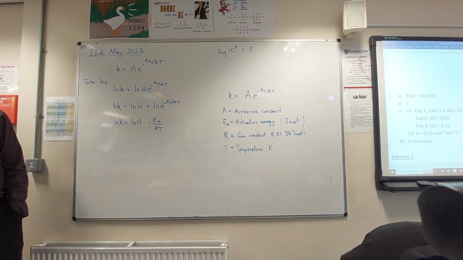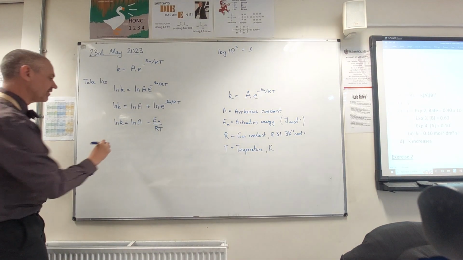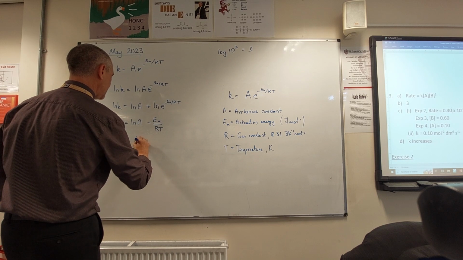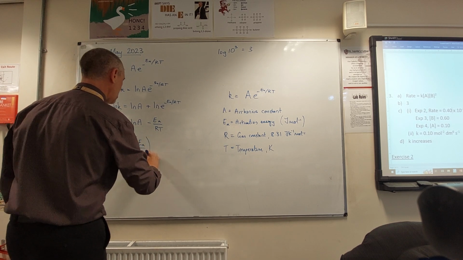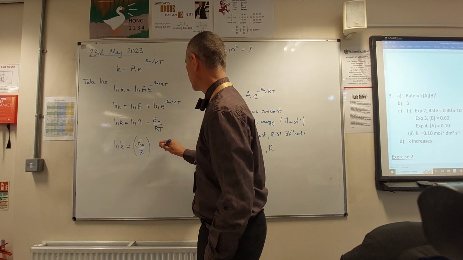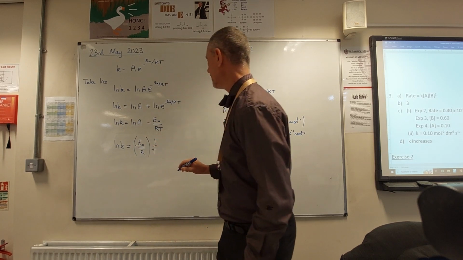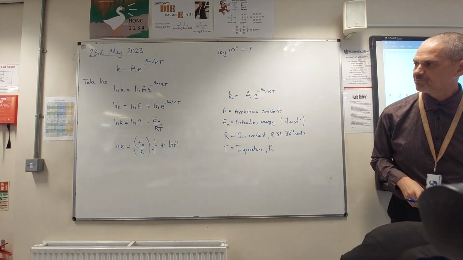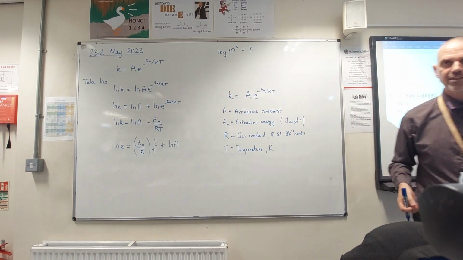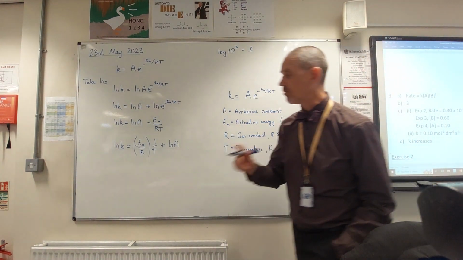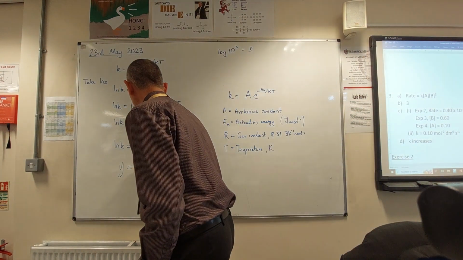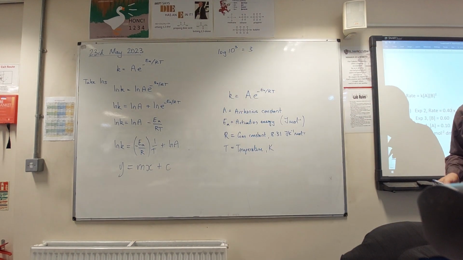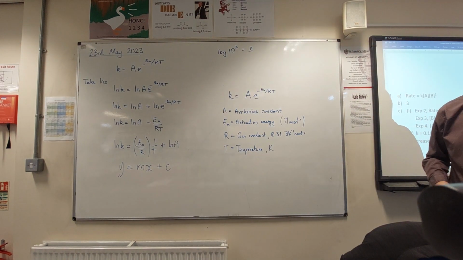Okay. Just going to rearrange that a little bit. Log k equals minus Ea over R. I'm just putting that term at the front there, and then 1 over T is going to go there, and then plus log A there, which might seem like I've just made things more complicated. But what I've done here is I've made a y equals mx plus c graph.